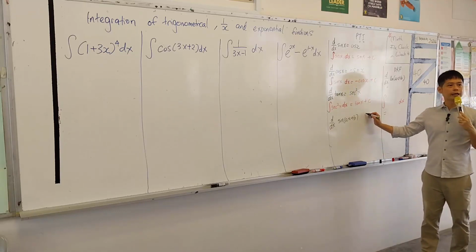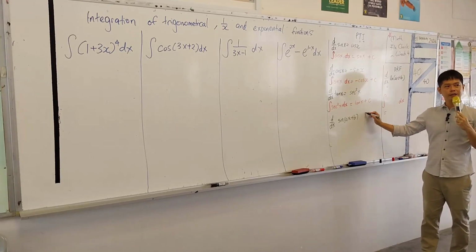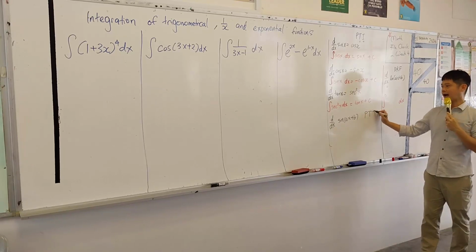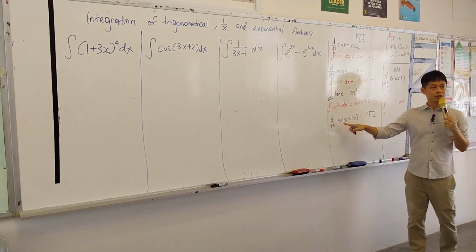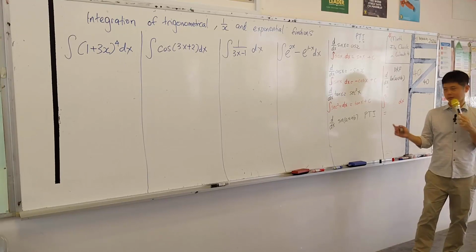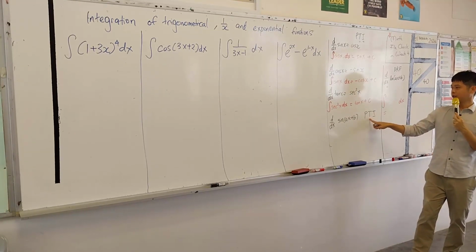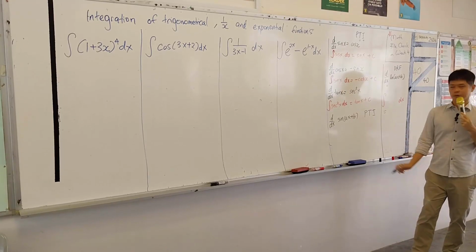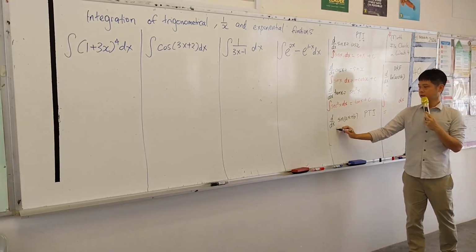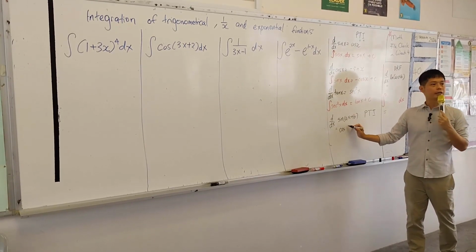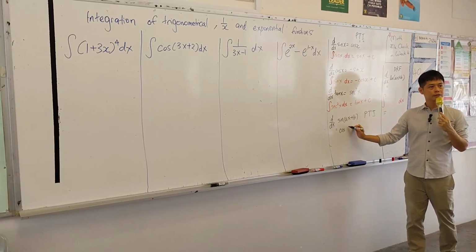What did we do when we differentiate? We use the letters P, T, I. Bring down the power. Okay, there's nothing to bring down. Then power minus 1, right? Don't have. So we do the trigo. So what will we get? Cosine. And then what happened to the bracket?